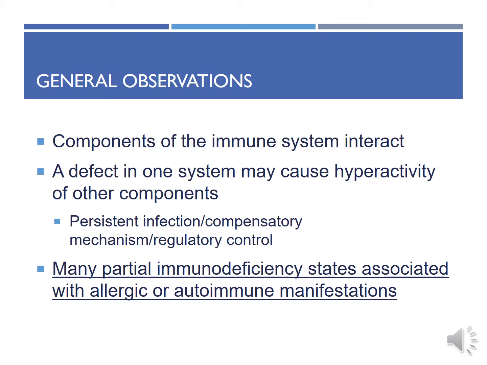So in this case, we could have persistent infections continuously over and over because we cannot produce an antibody to this certain type of infection, or if it's due to regulatory control, if we're overproducing an antibody or something to that nature, then we have a defect in a plasma cell or somewhere in the B cell line.